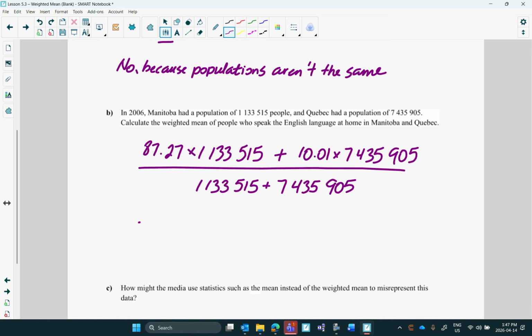And when you do that, you get 20.2% speak English at home in Manitoba and Quebec.